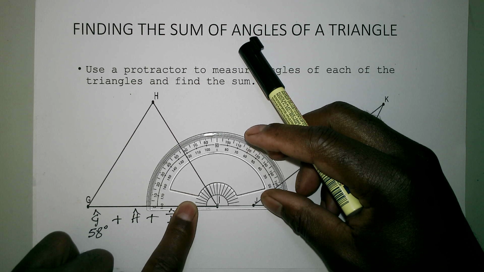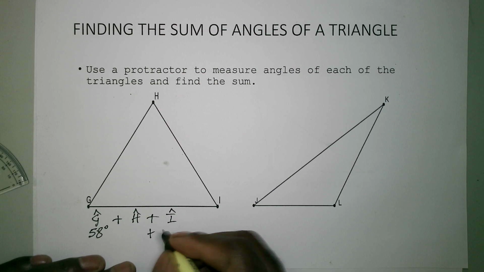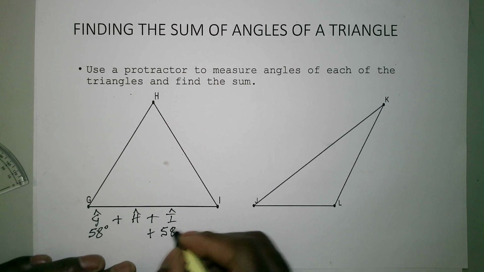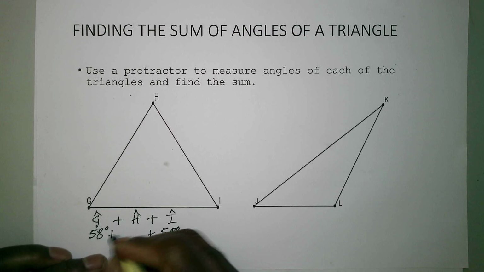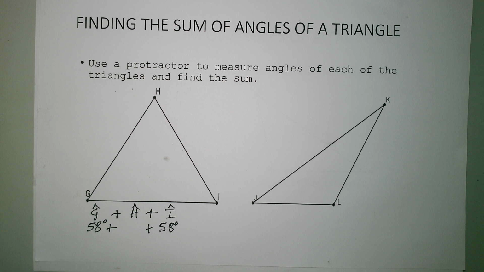Okay. We're left with H. This one is the most difficult one because it's not positioned properly. Now we count from this side.